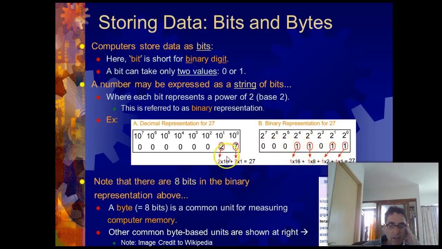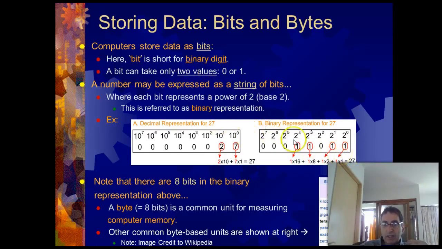So instead of storing it as 27, I could store it as 11011. And if I had some circuit that was either on or off, or many different circuits that were either on or off, I could have the first circuit be on, the second circuit be on, the third circuit be off, the fourth circuit be on, and that would represent 11011. In other words, that would represent the quantity 27.